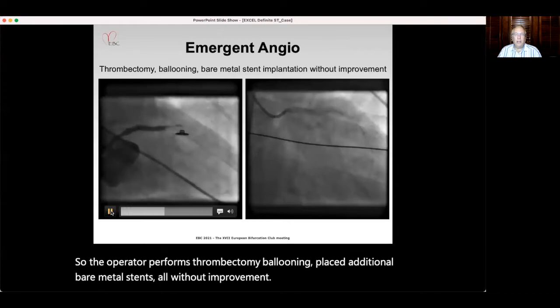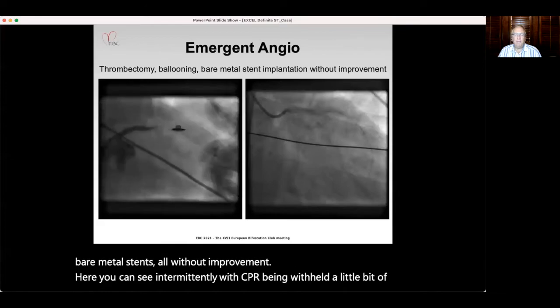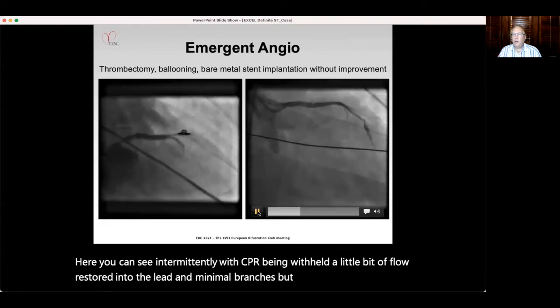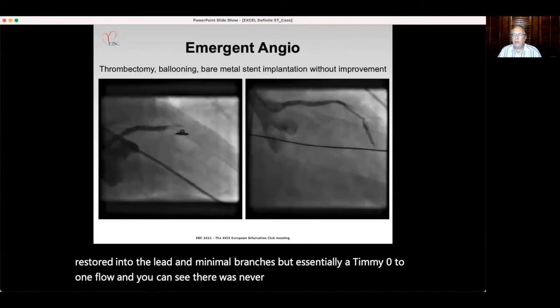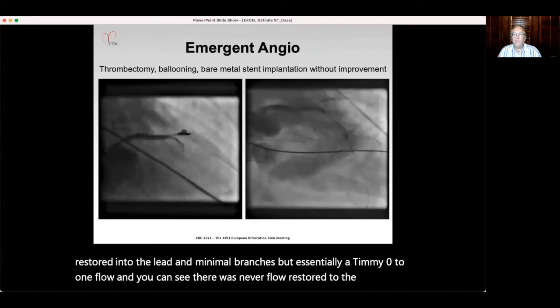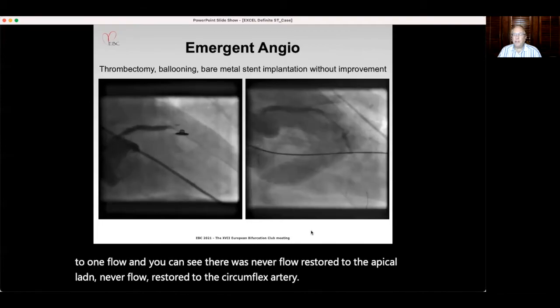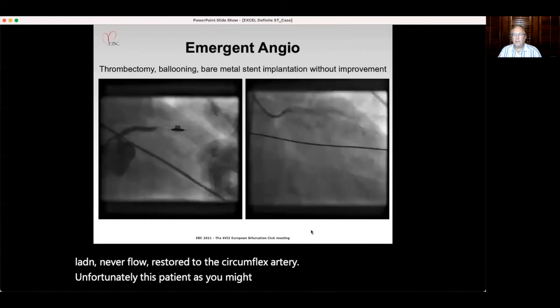Here you can see intermittently with CPR being withheld, a little bit of flow restored into the LAD and minimal branches, but essentially TIMI 0 to 1 flow. And you can see there was never flow restored to the apical LAD and never flow restored to the circumflex artery. Unfortunately, this patient, as you might expect, expired in the cardiac catheterization laboratory.